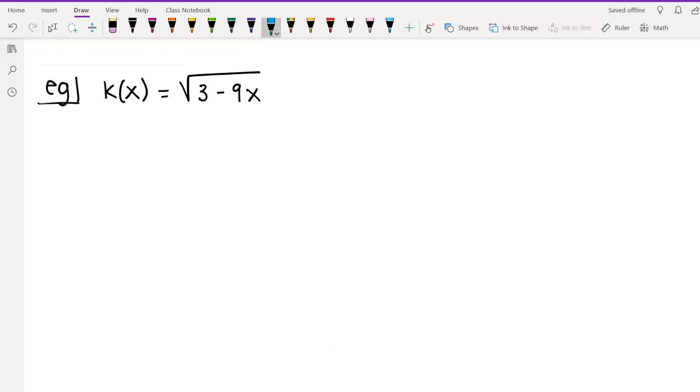Well, we know that when we have a square root, we cannot take the square root of a negative number. So I'll say it this way, the radicand, so remember the word radicand refers to the stuff under the square root, cannot be negative.